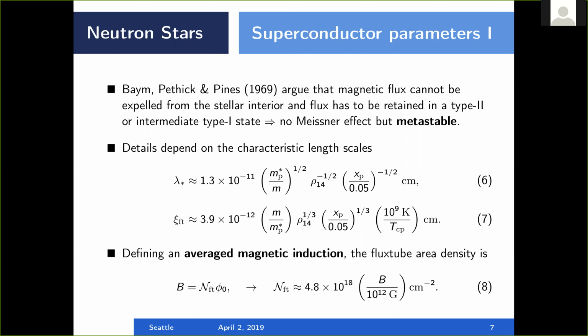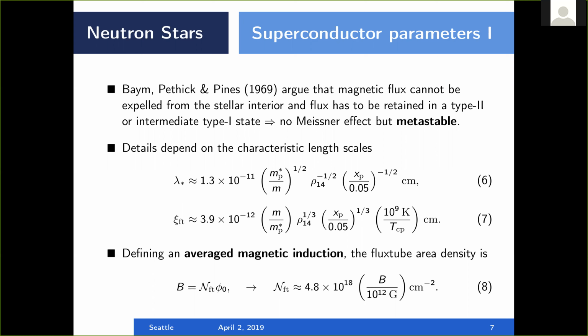When you mention the number of vortices, you should specify whether they're neutron or proton vortices. Yes, their numbers are different. This is the flux tube number, the proton one, whereas it was 10 to the 5 for the neutron vortices.